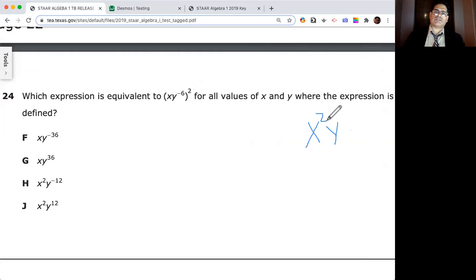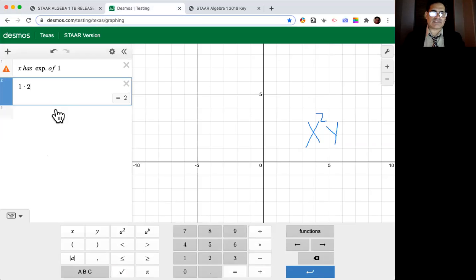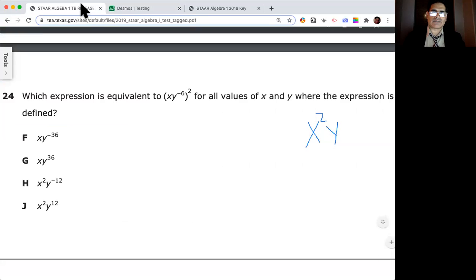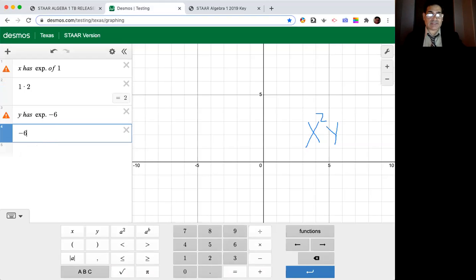And y has an exponent of -6. We multiply that -6 by 2, and that's -12.